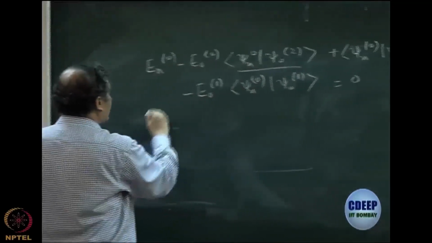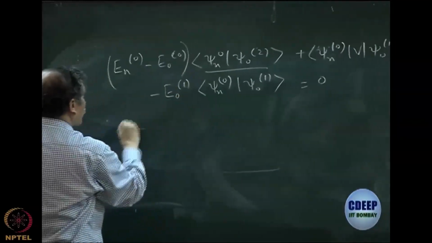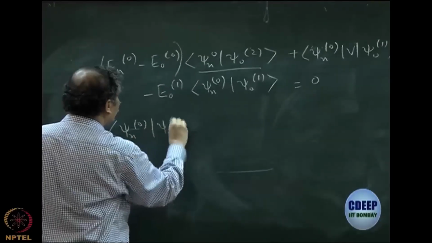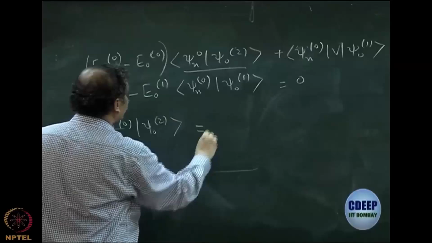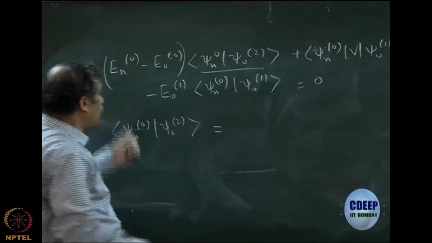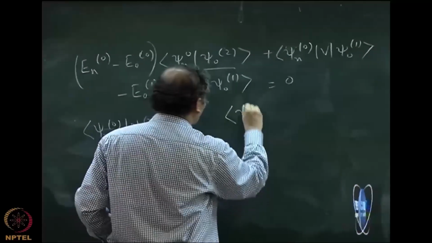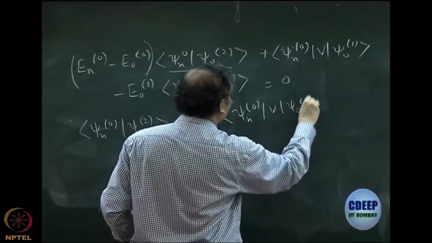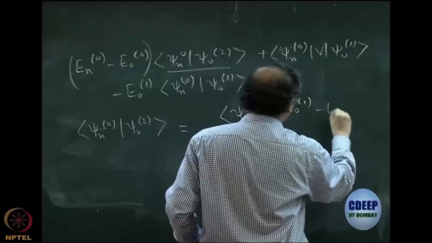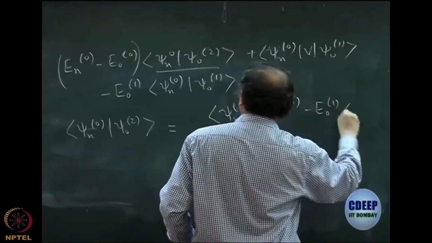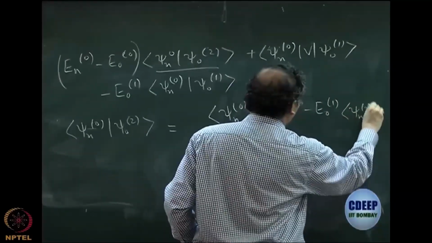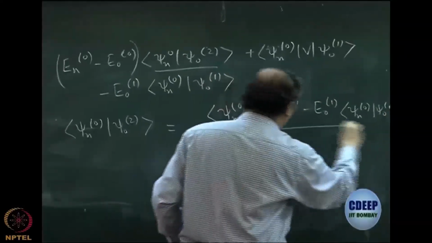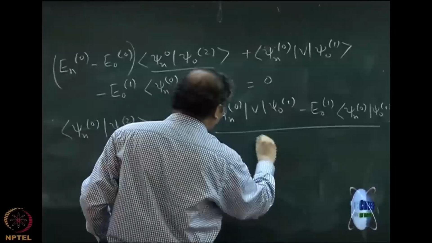So this is the expansion that I get. So I have ⟨ψn0|ψ02⟩ equal to two terms. One is ⟨ψn0|V|ψ01⟩ minus E01⟨ψn0|ψ01⟩, divided by the denominator changed.